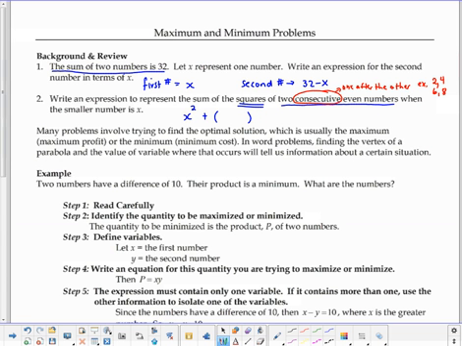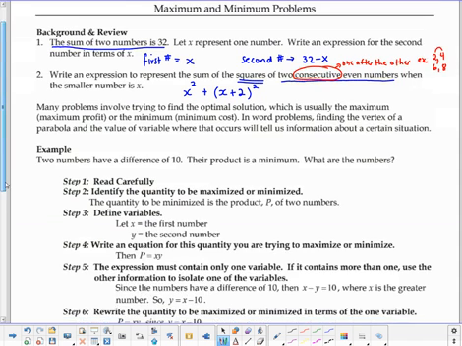If the first number is x and they're consecutive, what did you tell me was the relationship between these two? It would be x plus 2. So x plus 2, all squared. So x squared and then x plus 2 squared. Okay, so that's just a little bit of background.